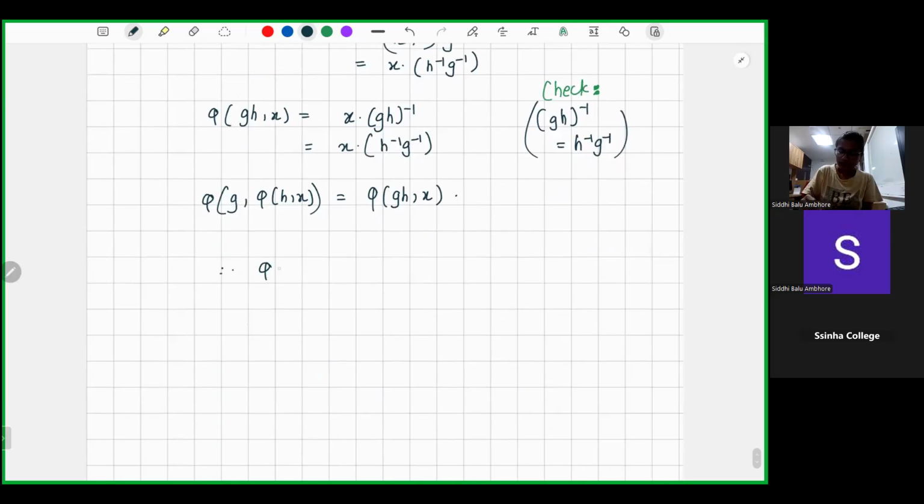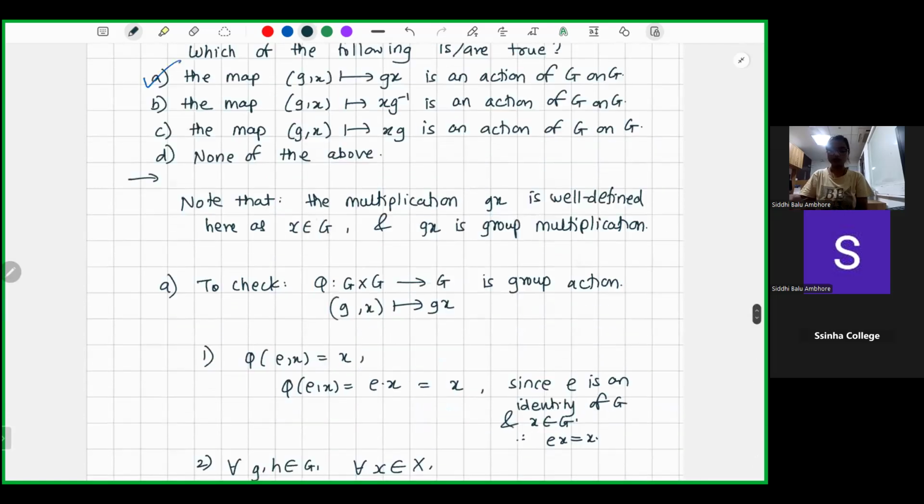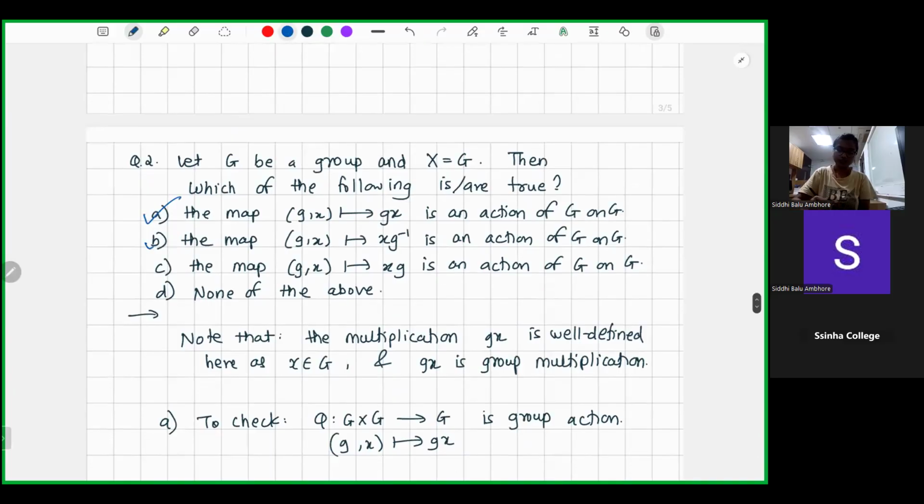Therefore, this G comma X going to XG inverse is a group action of G on G. Okay, so these two properties we checked. So this second one is also a group action.